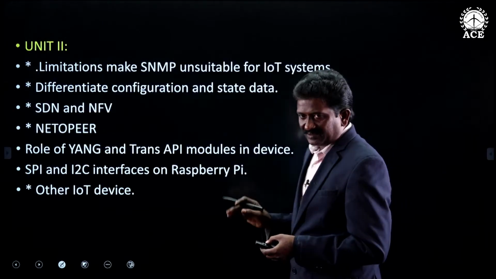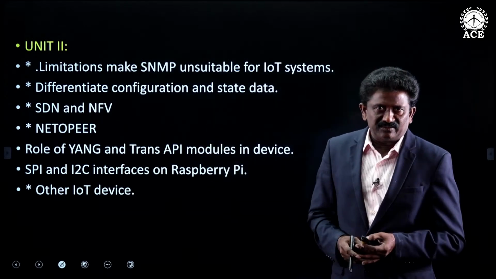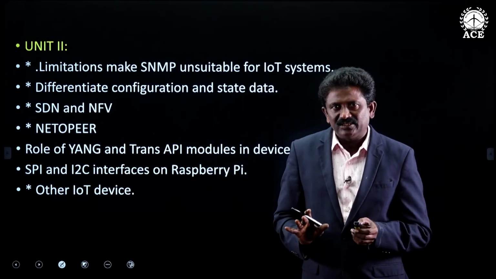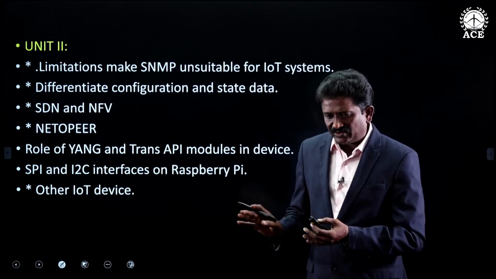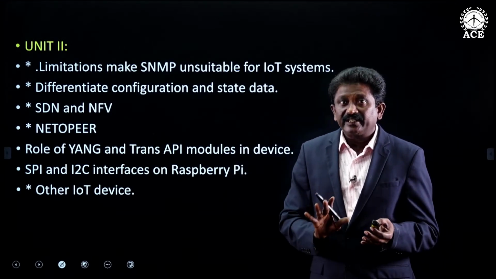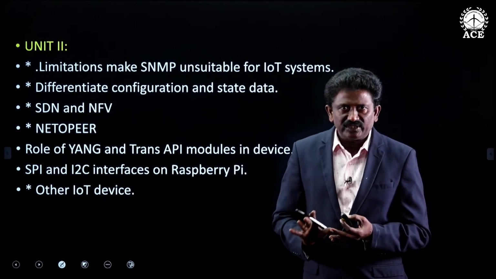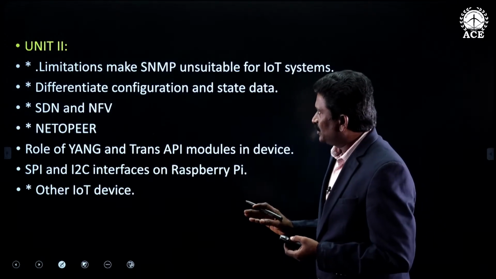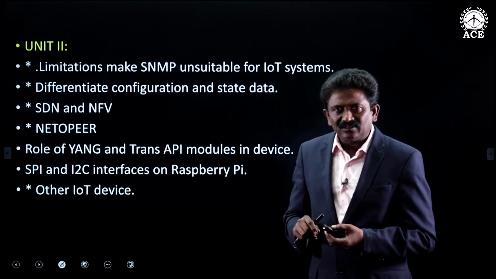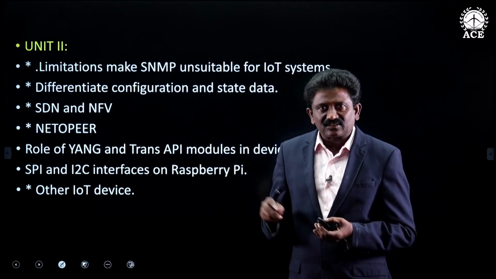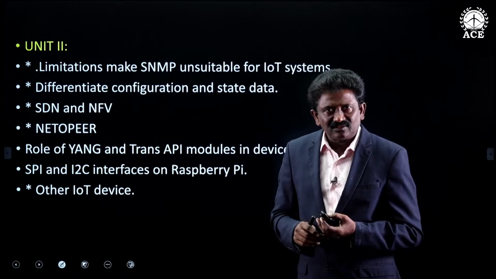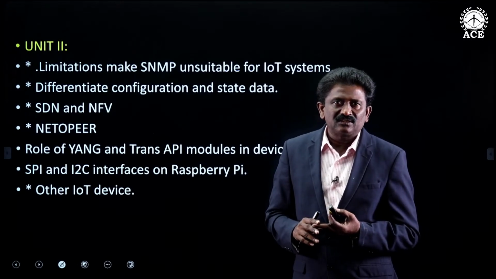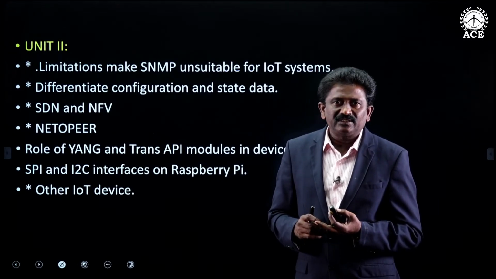Up to here, this is some idea about unit 1. Simply, this is the introduction to IoT. Next, unit 2. In unit 1, there is a chance to be asked questions on components of IoT.